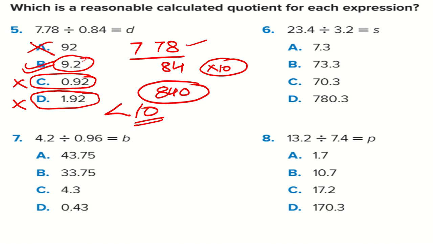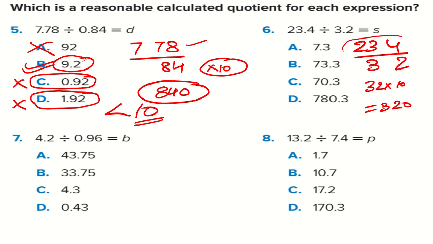Okay. Now next is the same. Here you see, 23.4 divided by 3.2. Now here also you see, luckily the decimal places are the same. So it is 32 and up is 234. Okay. So if you multiply 32 by 10, what will you get? 320.